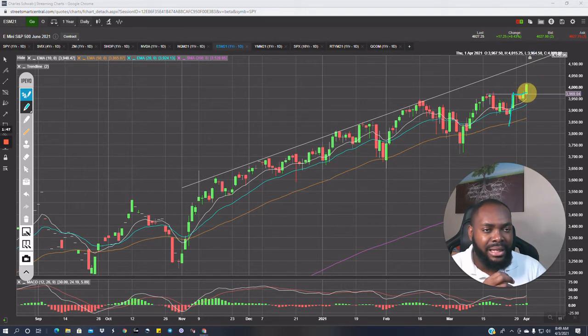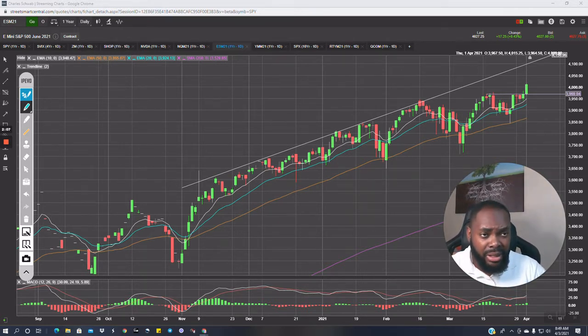And right here, the second time we touch the short-term horizontal resistance level, you can see price just built a quick bull flag, and now we break out. So we're out of this short-term double top. Now, what am I looking for in the S&P 500?